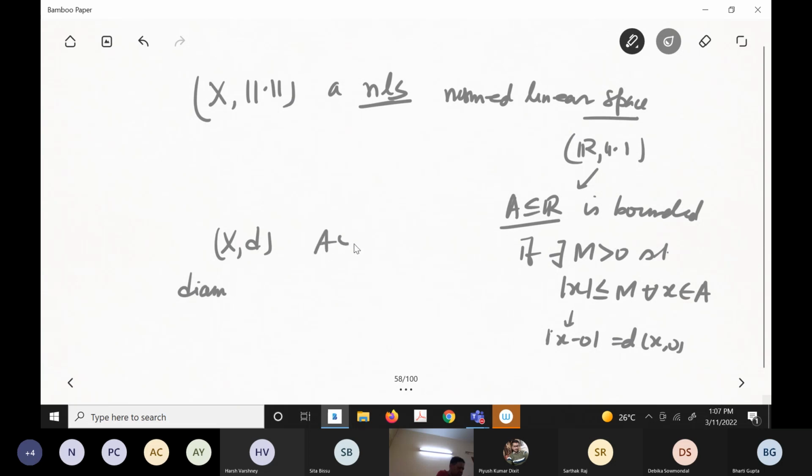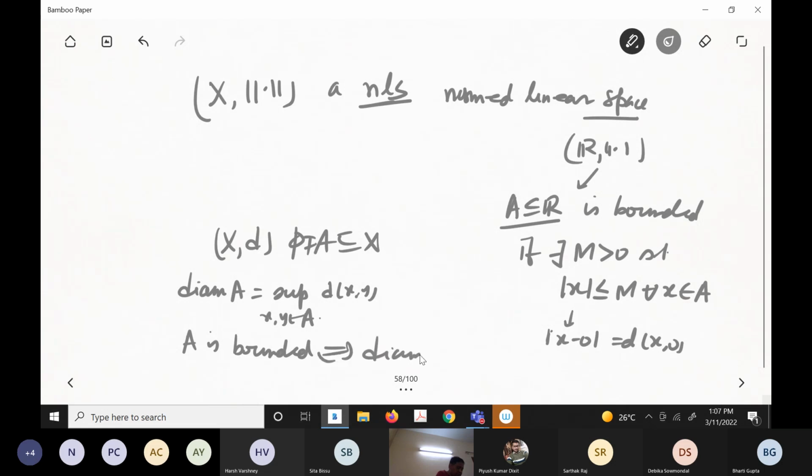If you have a subset of X, take a non-empty set A, then A is bounded if and only if the diameter of A is finite.